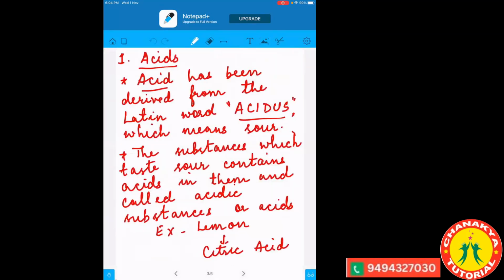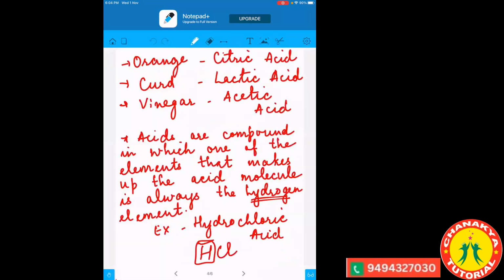The first thing, the word acid has been derived from the Latin word acidus, which means sour. The substances which taste sour have acid in them, and they are called acidic substances. Example: lemon has citric acid, oranges also have citric acid, curd has lactic acid, vinegar has acetic acid. Then acids are compounds in which one of the elements will always be hydrogen.